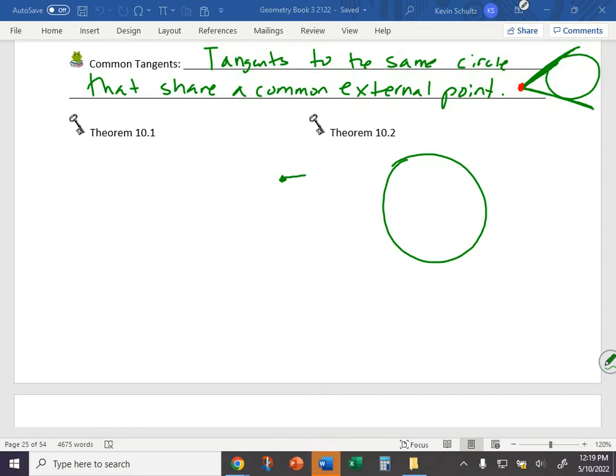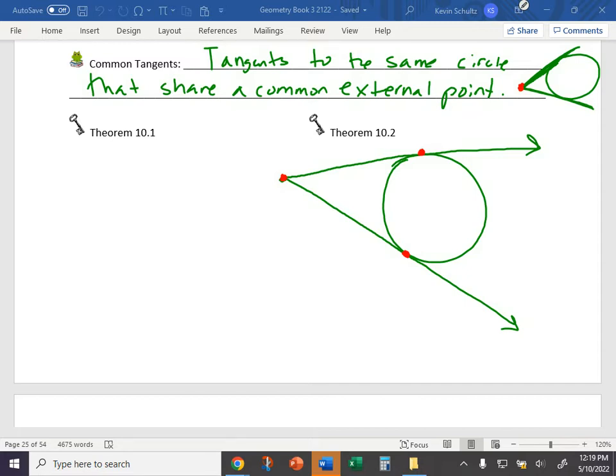So we're going to have one come up like this, just touch it and pass on by, and the other one come down like this, touch it and pass on by, and we're going to label or identify those 2 points of tangency there. All right. So we've got our 3 points there.